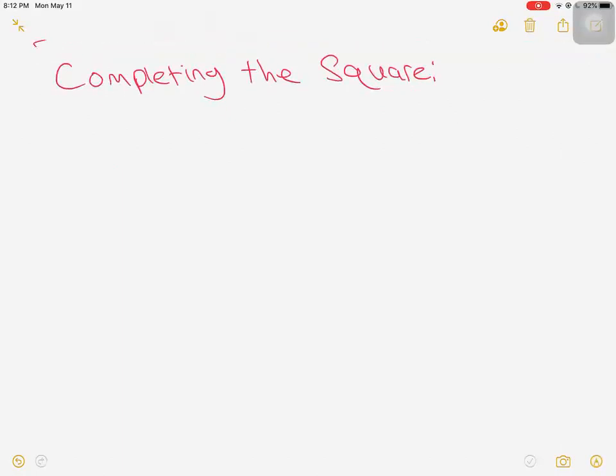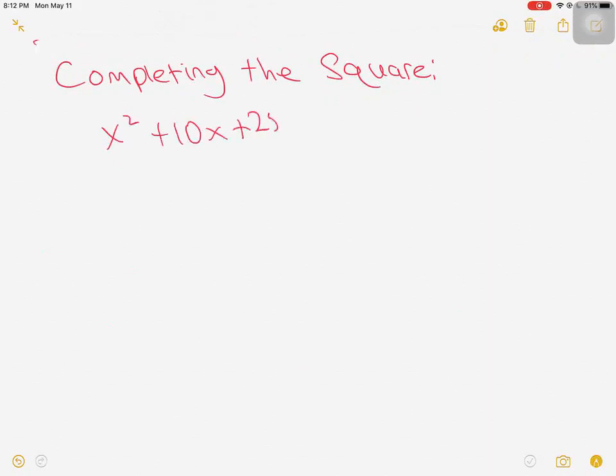So first, let's introduce what a perfect square quadratic is. A perfect square quadratic is something that looks like x squared plus 10x plus 25. The reason this is a perfect square quadratic is if we factor this, we want two numbers r1 and r2 that add to 10 and multiply to 25.